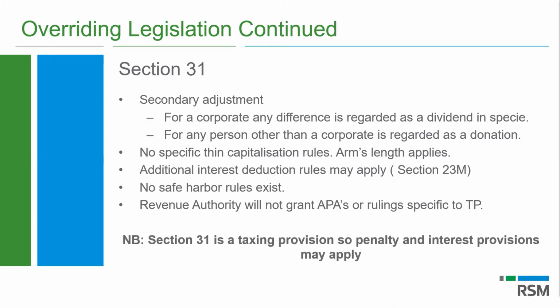So that onus resting on the taxpayer, and this is important, is that Section 31 is a taxing provision. So if there are adjustments made by SARS, the potential exposure to the penalty and interest provisions is there because of the fact that it is regarded as a taxing provision within the Income Tax Act.